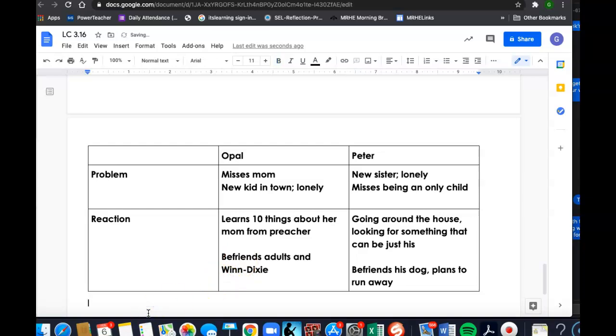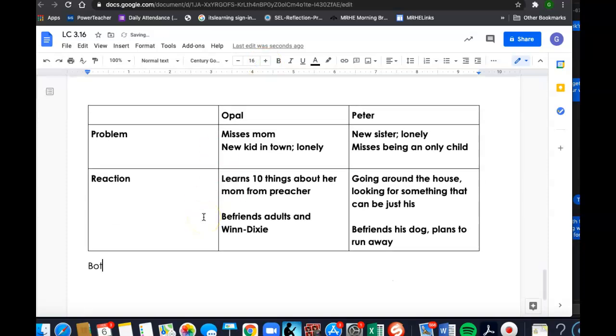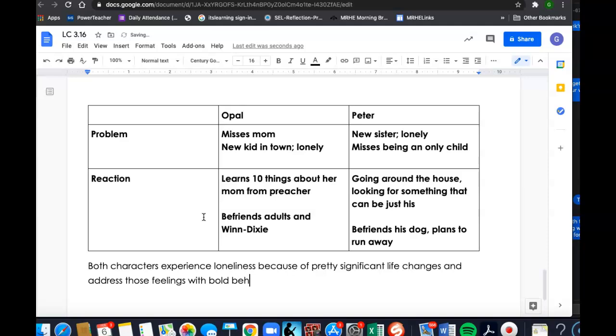So I might say some things that I've discovered. Both characters experience loneliness because of pretty significant life changes and address the feelings with bold behaviors such as tense conversations between Opal and her dad, and Peter running away with his dog.